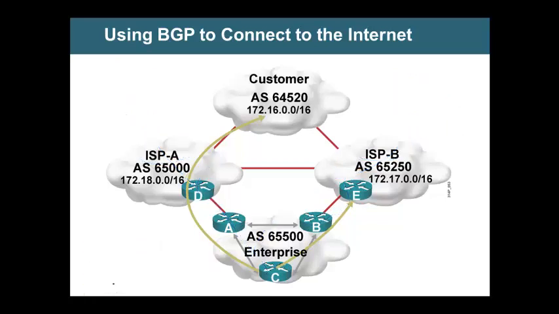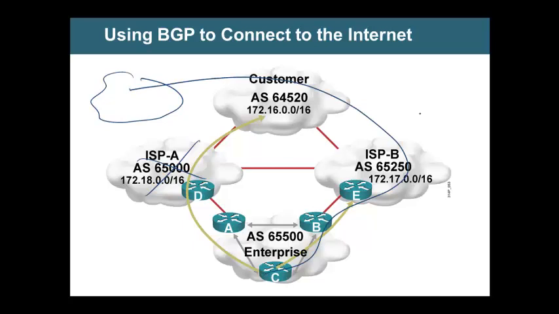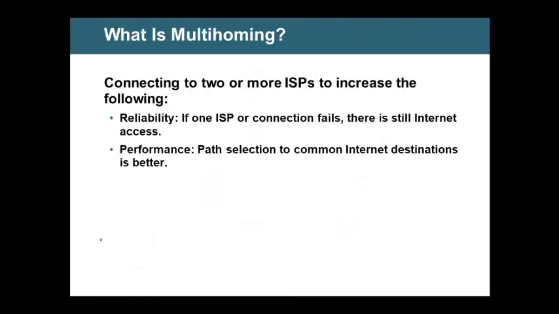If I don't have this ISP, I need to always go like this, which is very far. Because I have ISP A, I can compare the distance and take this path, isn't it? So we go for multi-homing to have improved performance and reliability.